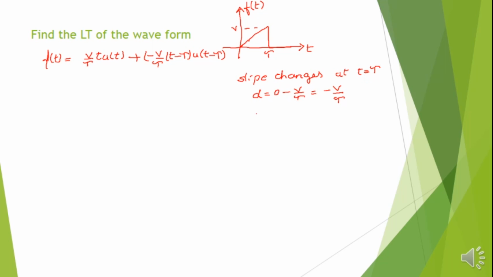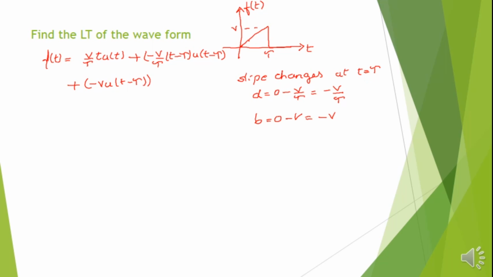So the change in magnitude b equals new magnitude minus old, so it is minus V. So add minus V u of (t minus tau). Then once again check the change in slope.